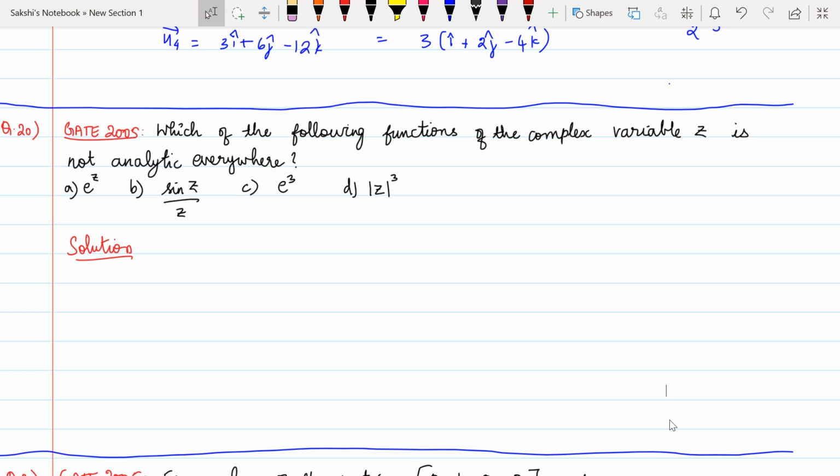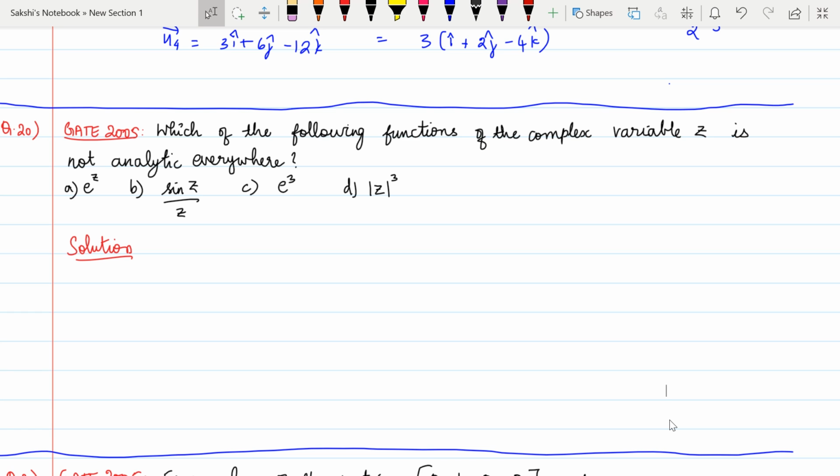So these are all real values. On substituting those, you get z square equal to 0, 1, 4, 9 and so on. So when you substitute any real value, you get a finite value for that function. It means that the function is analytic everywhere for the given real values.